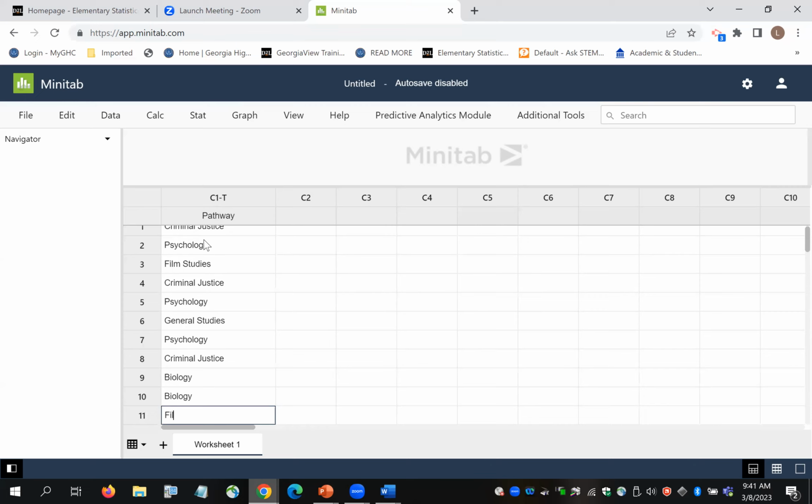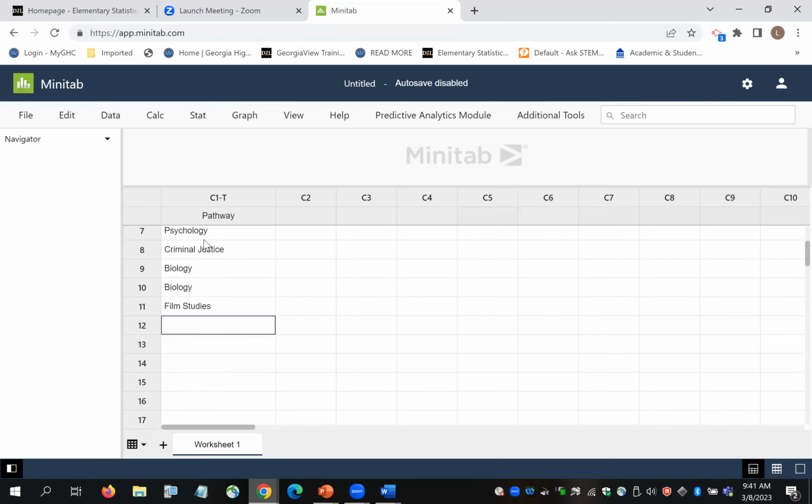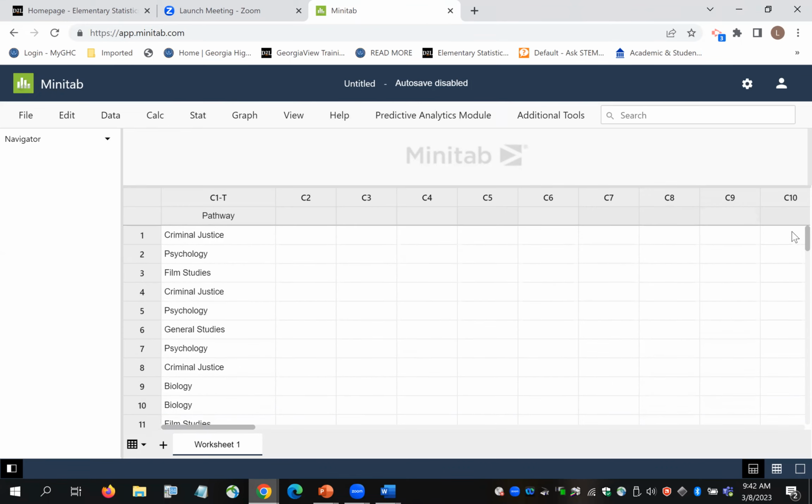If I happen to type one of them differently, like if in the next one I put in political science, and then I put in biology, but I type it with a lowercase b at the beginning instead of the capital, Minitab reads that as 2 different things.